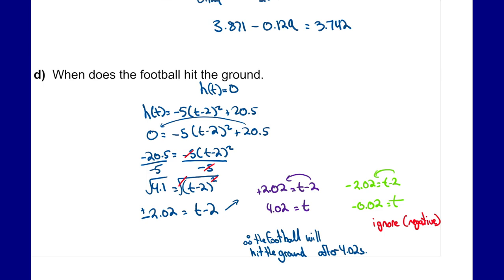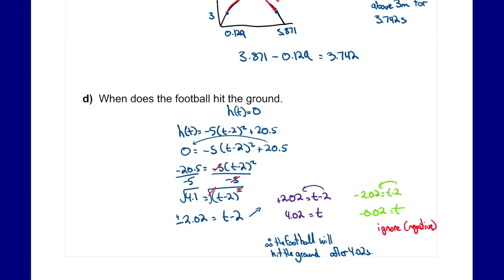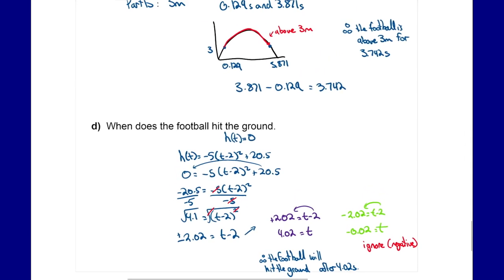So a lot of this is similar in concept to what we've previously done in the previous lessons, by replacing one of our variables with a value and going through and solving. This one's different from the previous lesson because we're not factoring.